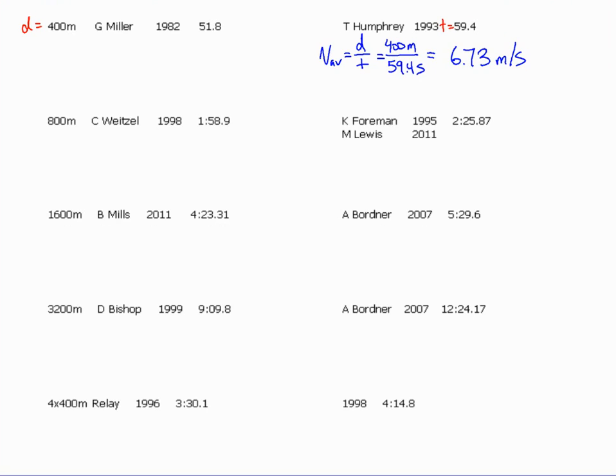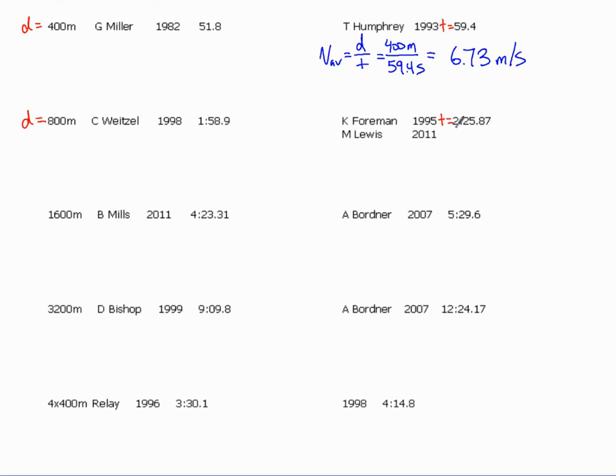The 800 meters, we have a tie set in 1995 and then tied in 2011. 2 minutes, 25.87 seconds. First, let's figure out what we have. We have a distance, 800 meters, 2 laps around the track. My time. The problem we have with time is that it's in minutes and seconds. If we want to have something in terms of meters per second, it's going to have to be changed.